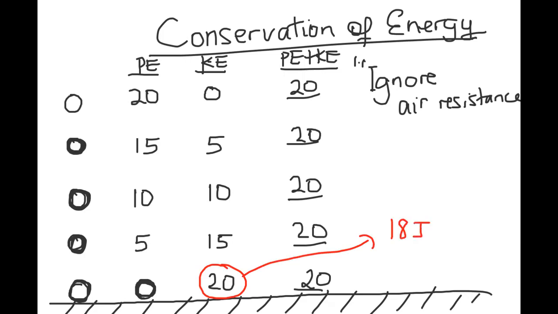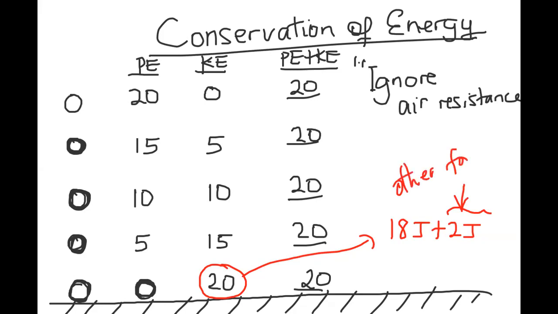Now, this means that there's a missing part of the energy, and that missing part has to be accounted for, because we are going to have 18 plus 0, which is 18, and that will not be equal to the 20 joules we are looking for. So that means there is a missing part, which is 2 joules, and this can be accounted for by other forms of energy.